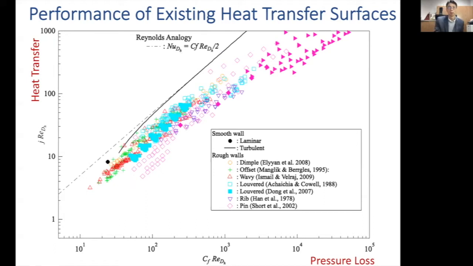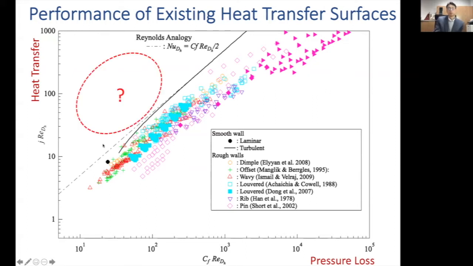If you plot the different surface data, which can be obtained from existing literature, the plot looks like this. So as you can see, the heat transfer is enhanced. However, at the same time, pressure loss also increases.